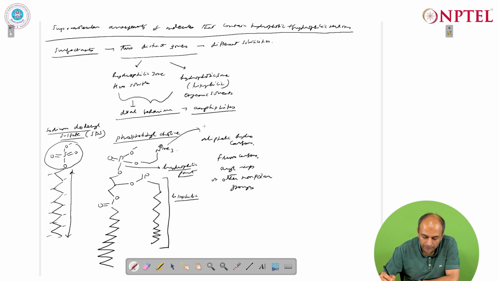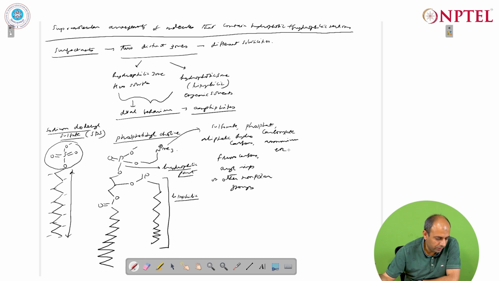Whereas the polar part here can be sulfonate, phosphate, carboxylate, ammonium, etc. So these are the polar groups, and based on the presence of the different hydrophilic and the lipophilic parts, that is based on the functionality, there are 4 classes of surfactants.